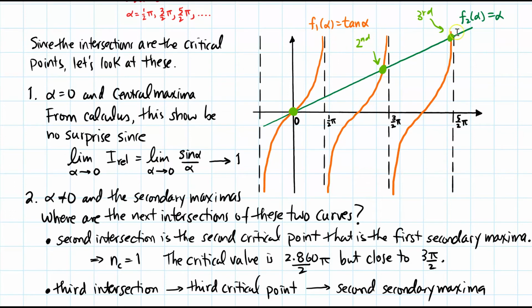What you're seeing here is that it's closer to 5/2 pi than the second critical point is to 3/2 pi. If I compare critical point 2 to the third critical point, you see that the second one is some distance away from 3/2 pi, whereas the third is closer to 5/2 pi.